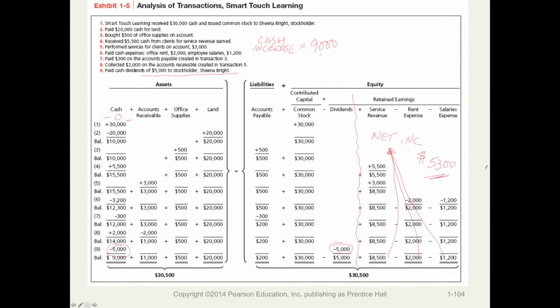There's a couple of other things we want to notice here, and I'm going to do a little bit on the whiteboard in a second, but notice also that the cash paid for office supplies is 300, and yet the office supplies you hold are 5.